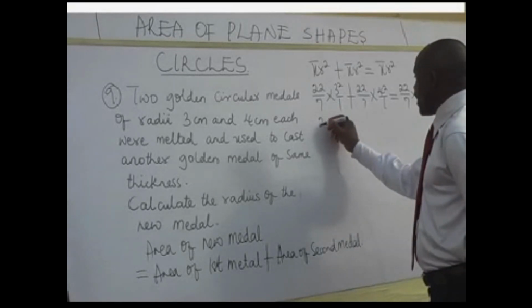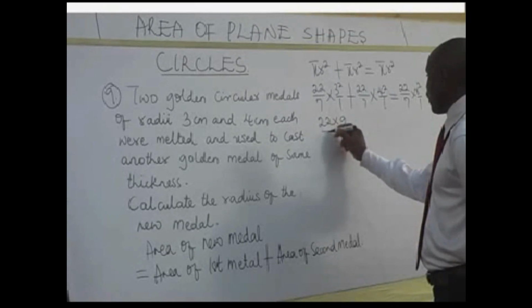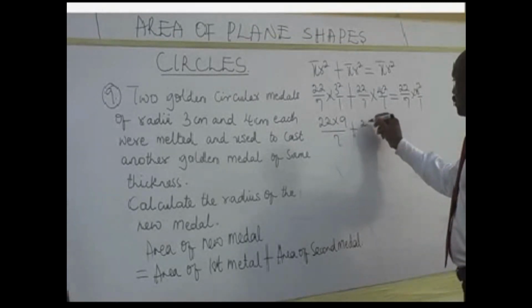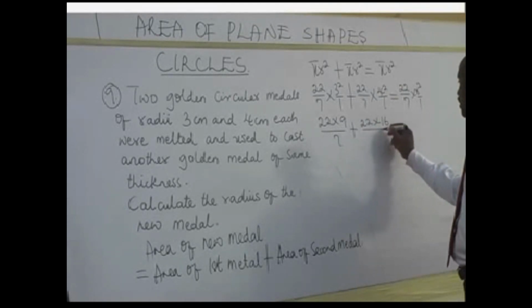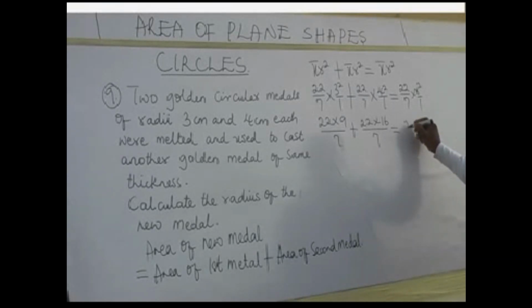What you have here now is 22 times 3 squared, which is 9, all over 7, plus 22 times 4 squared, which is 16, all over 7, is equal to 22 times r squared all over 7.